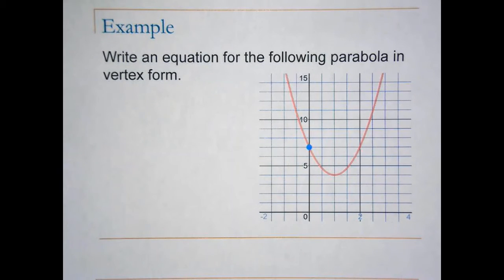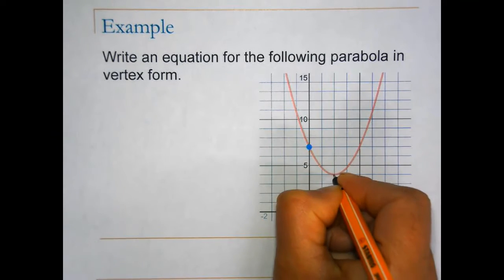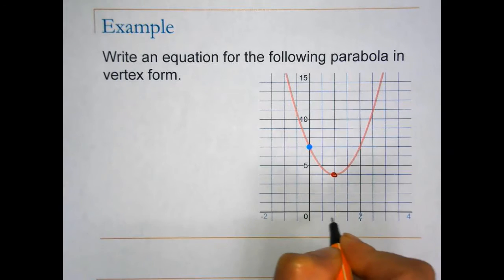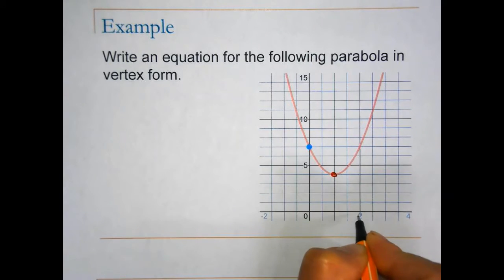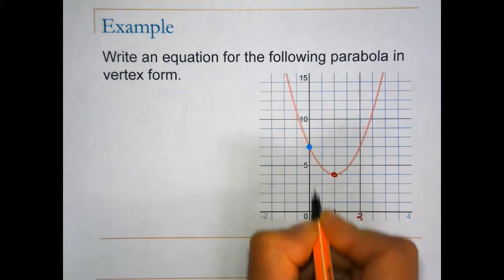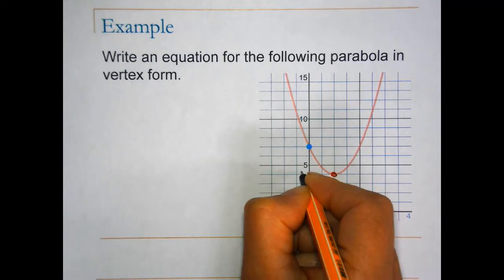So write the equation for the following parabola in vertex form. Now, first thing is to recognize where your vertex is, which is here. And as you can see, please pay attention to the scale. This is 2, that means this is 1, and then this is 5, so 1, 2, 3, 4.